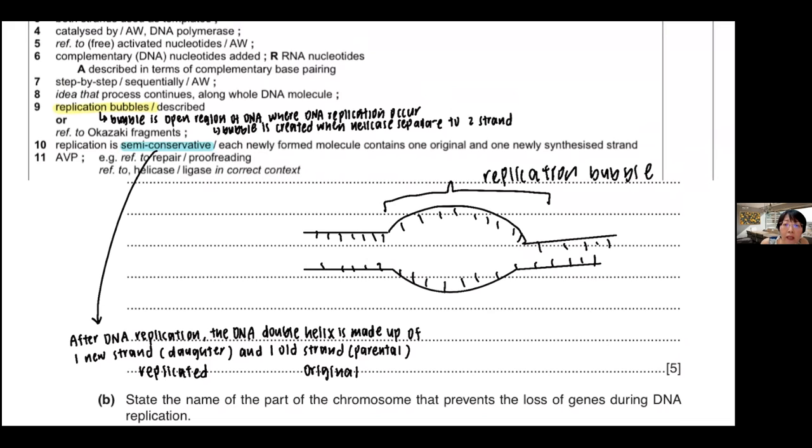This cannot be found in bacterial DNA, which is circular, because bacterial DNA only has one starting point for DNA replication, whereas eukaryotic DNA has many starting points for replication, and all of them will start with a replication bubble. So there are many sites where DNA replication can start along one DNA molecule.